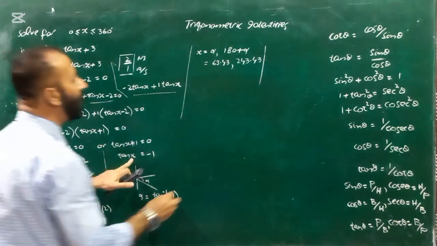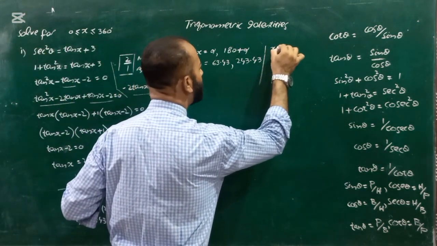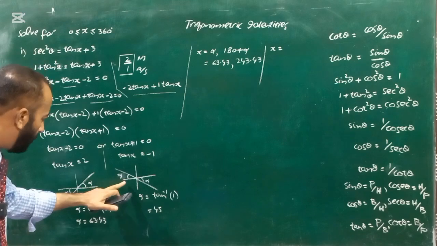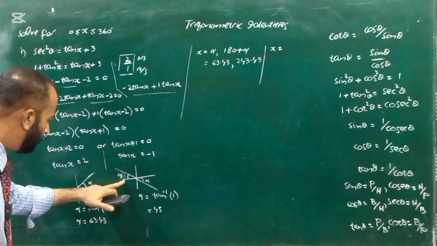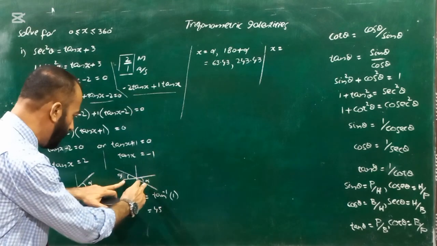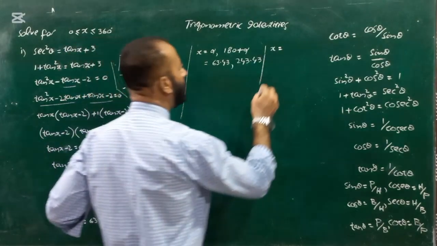Okay, now the original angle, that is x. X is 180 minus alpha and 360 minus alpha.